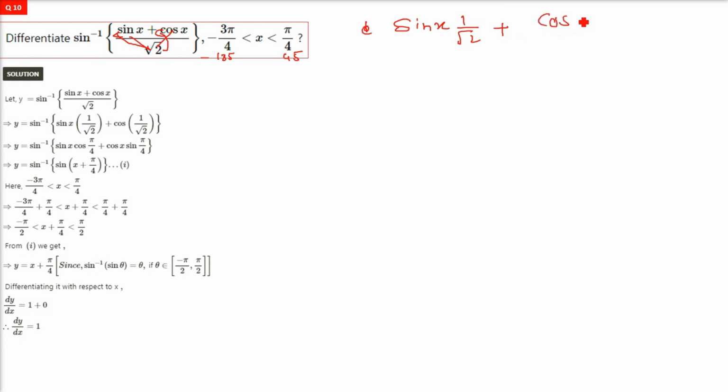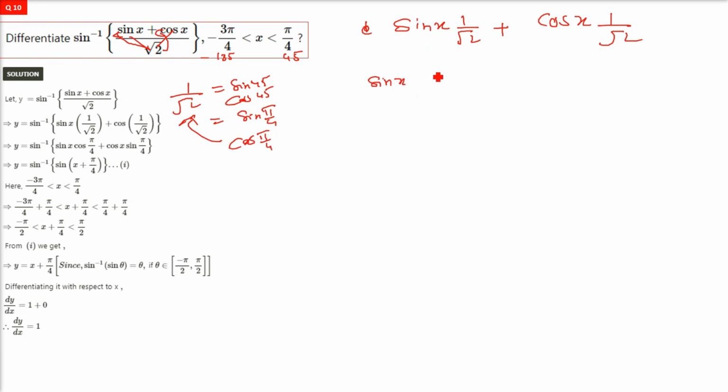Why have we written this? Because sin pi by 4 and cos pi by 4 both are 1 by root 2. Sin 45 degree or cos 45 degree, they both are 1 by root 2. And since the question is already giving us 1 by root 2, we can replace it so that we can get a formula out of it. And that formula should contain sin, so that we can cancel it with sin inverse.